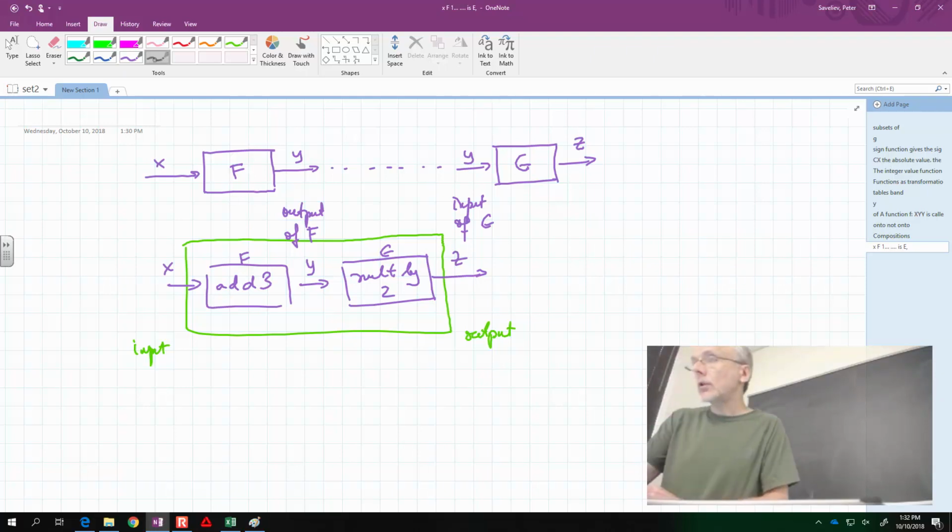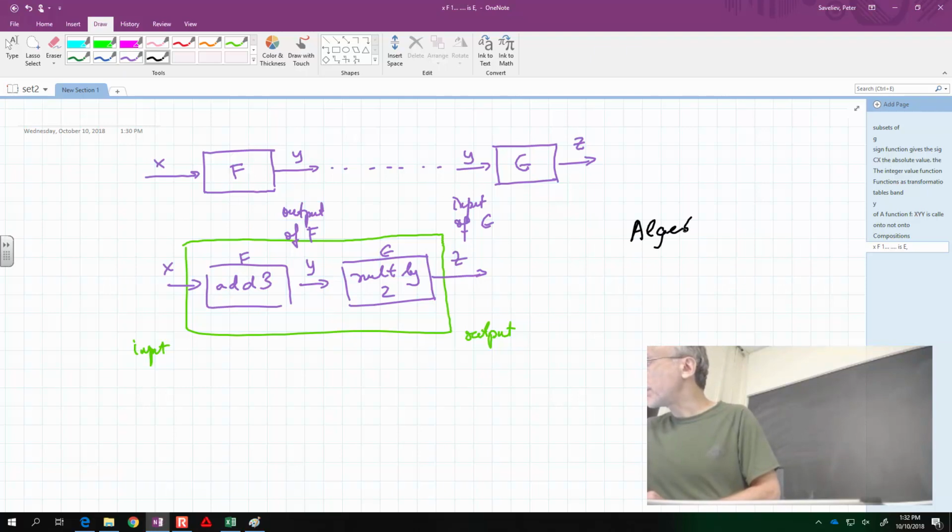So that part is really not that complicated. We progress from this idea to algebra, and things become slightly more complicated, but if we just take this diagram and derive algebra from it, it is not really that complicated. The first function takes x and adds 3 to give me y.